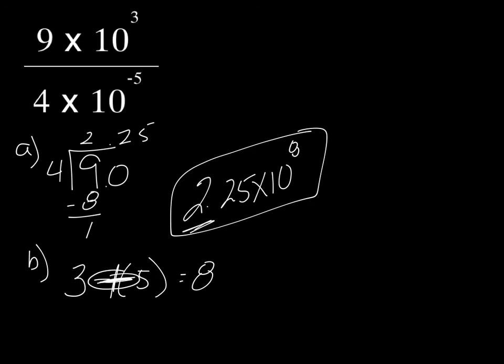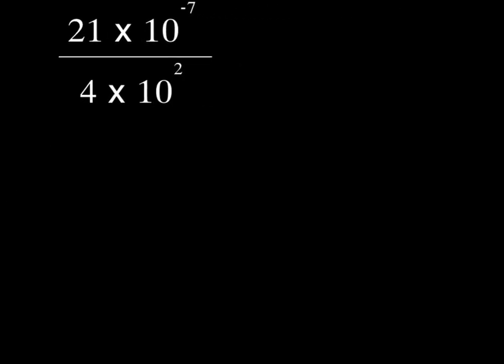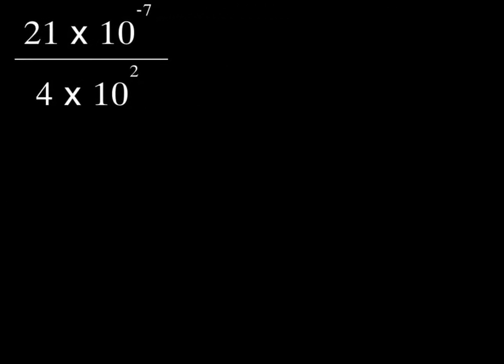So if we take a look at our last one here, same situation. We're going to take 21 divided by 4. When you divide that through, you're going to end up with 5.25. So that gives us our starting point.